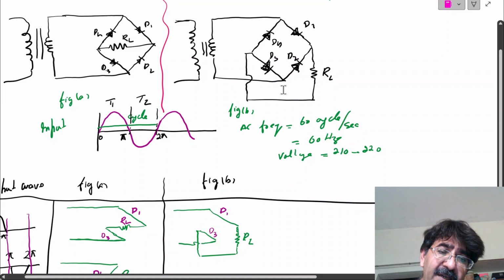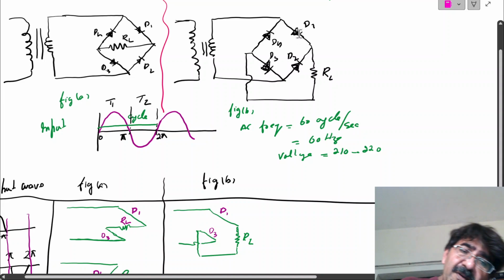It will not pass through D3 because it is the negative part, and the P side will be connected with the negative, so it will pass through diode 2, not diode 3. The same reason I have already explained: the voltage will be dropped. The N part of the diode faces a dropped voltage due to passing through the load resistance.